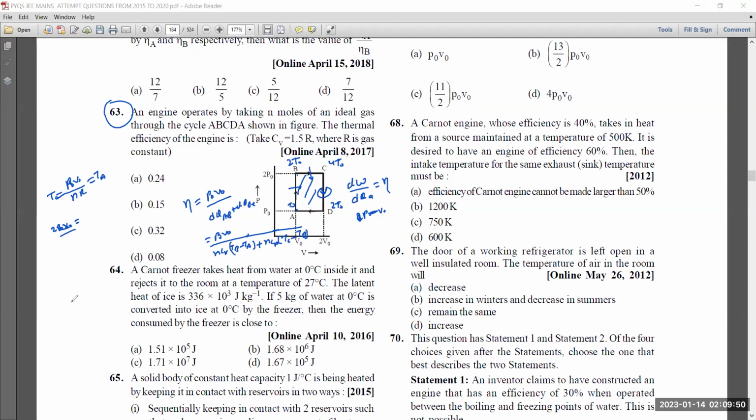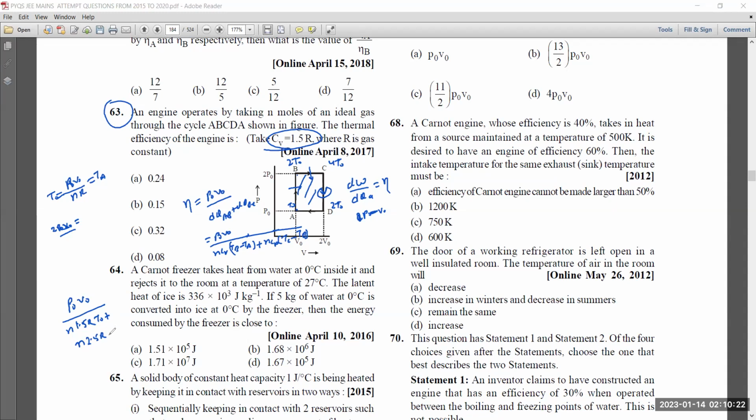So this you can eventually write P naught V naught upon nCV. We can write CV as R upon gamma minus 1. CV is given as 1.5 R, okay, let's use that. And TB minus TA is how much? Tell me. TB minus TA is T naught. And CP is 2.5 R because we just have to add R to CV, right?